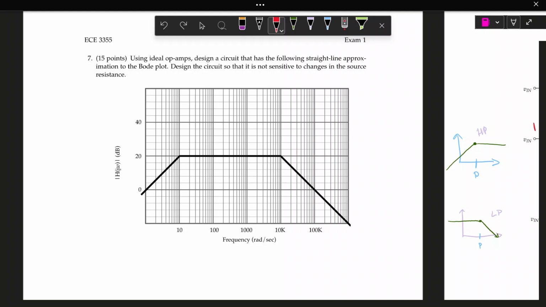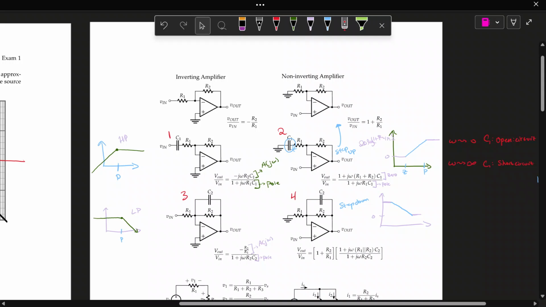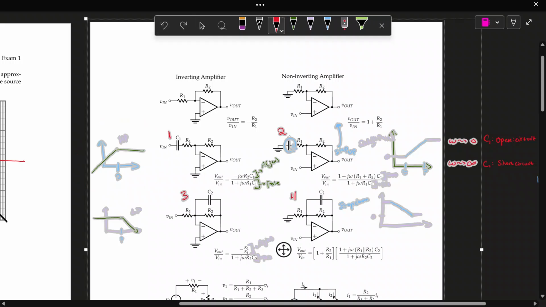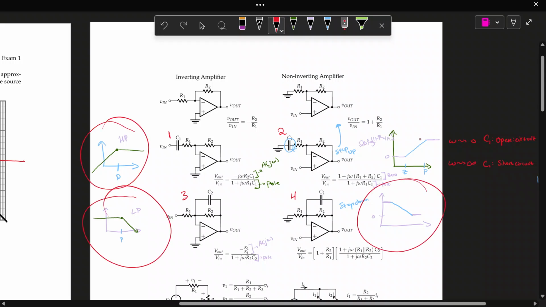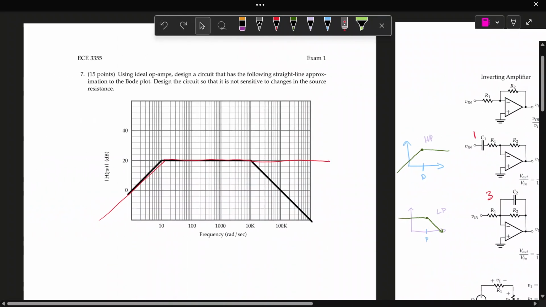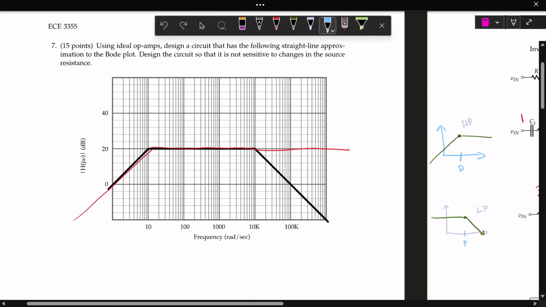The way you do this is you create 2 graphs that you know are true based off our sketches. You cannot make up your own. You only use the sketches here that we've created to add up to create this final black output. So that one goes there, and then the other one goes here.